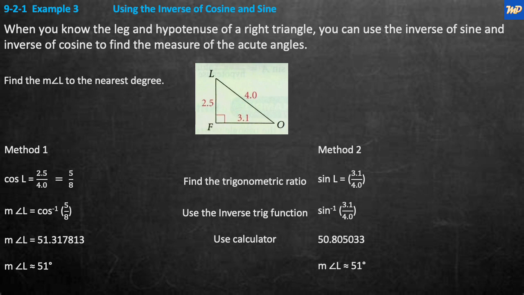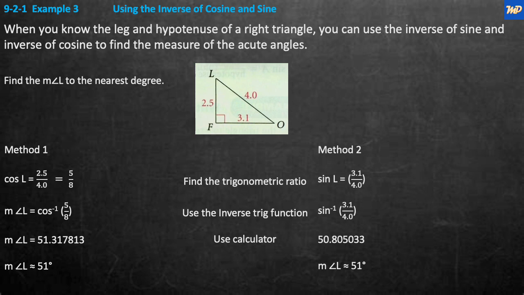Okay, to find the measure of angle L in our diagram here. It says find the measure of angle L to the nearest degree. First of all, we have to figure out which is angle L, and then we need to know the side opposite or adjacent, whichever one we want to use.